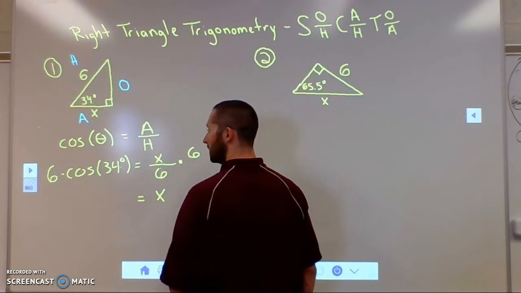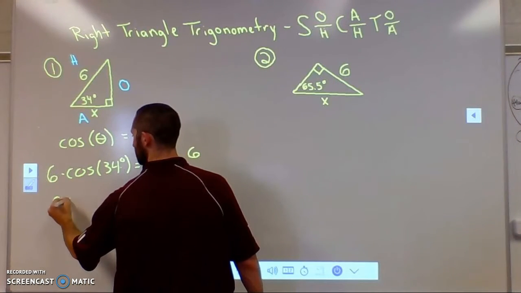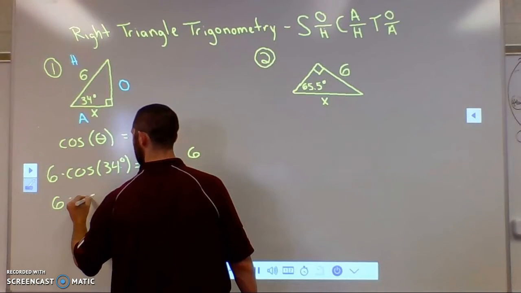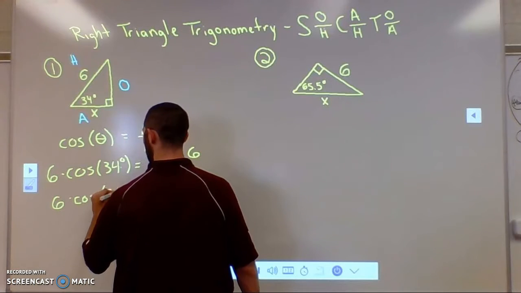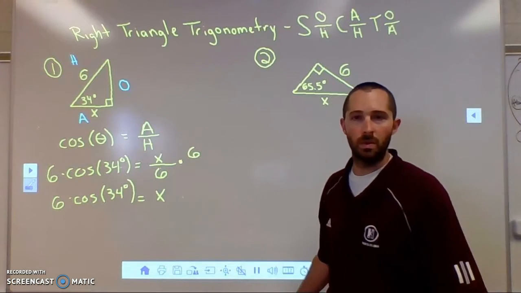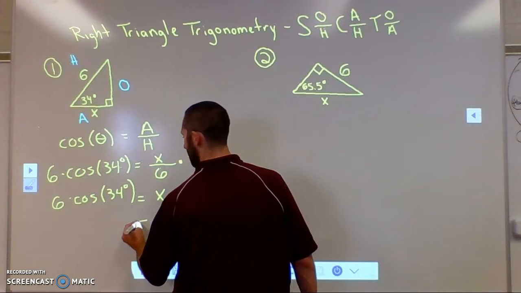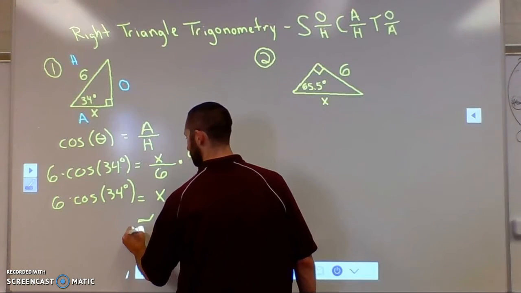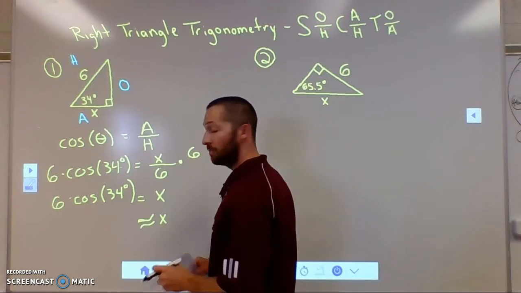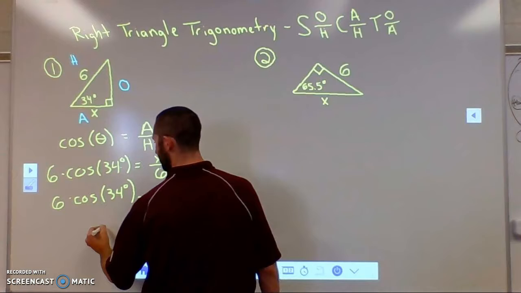So x equals 6 times the cosine of 34 degrees. In physics, we like to deal with the decimals. x is approximately 4.97, or we're going to round here to 5.0.